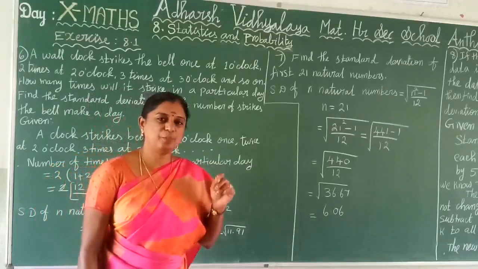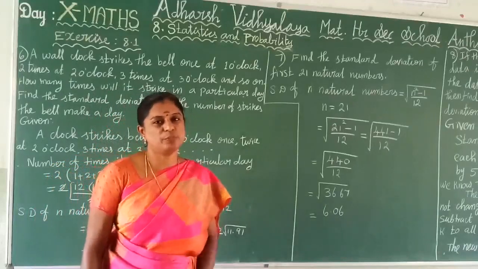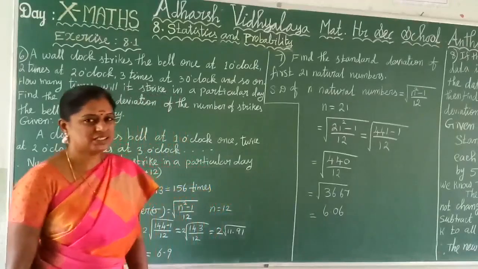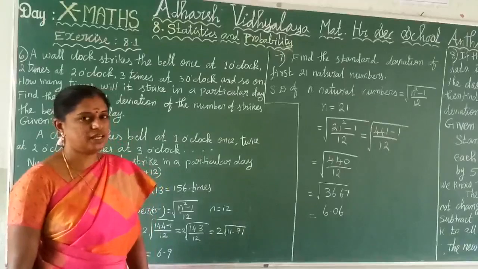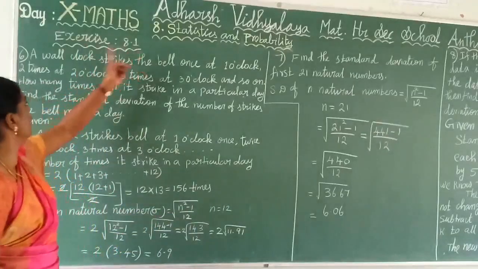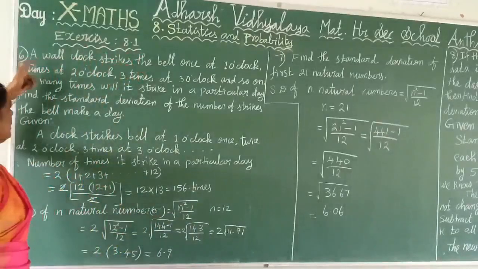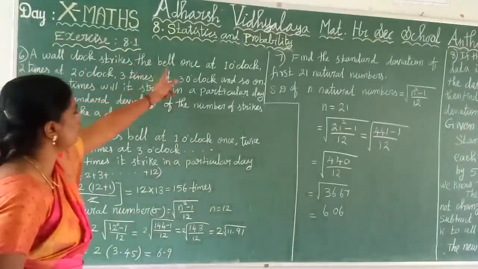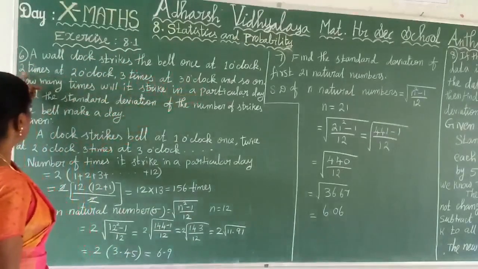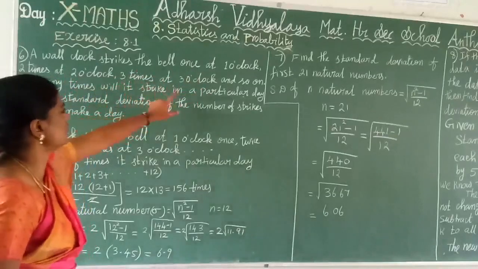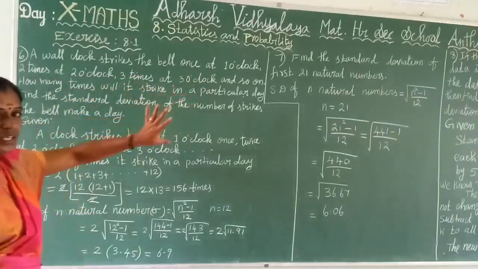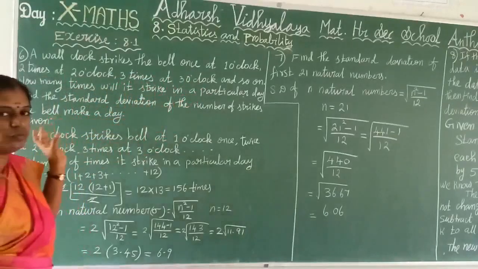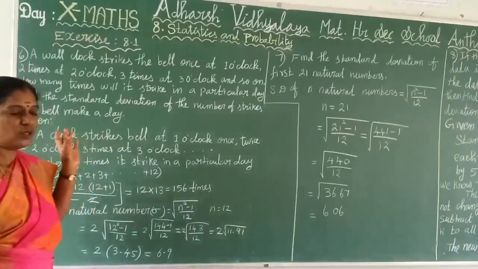In exercise 8.1 we completed 5 problems. Today we discuss the 6th question. Clear? So exercise 8.1 question number 6. A clock strikes the bell once at 1 o'clock, 2 times at 2 o'clock, 3 times at 3 o'clock and so on. All of you know how a clock strikes.